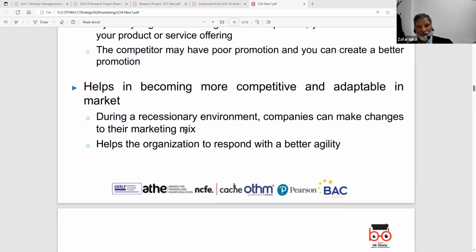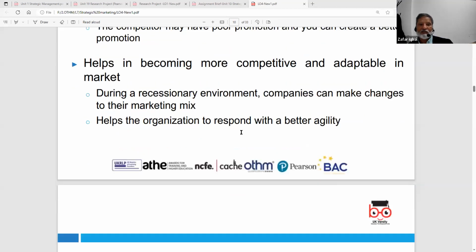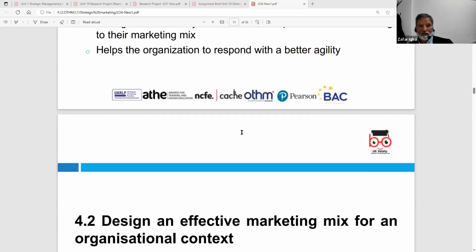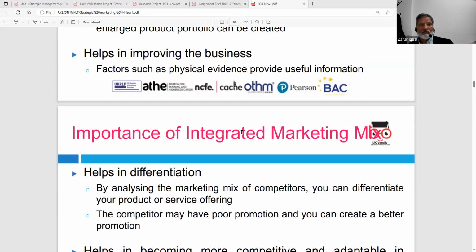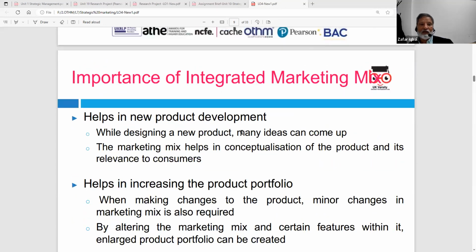It helps the organization to respond with better agility. During a recessionary environment, companies can make certain changes to their marketing mix to help the organization respond better to market needs. Okay, so these are very important elements that are required in the integrated marketing mix.